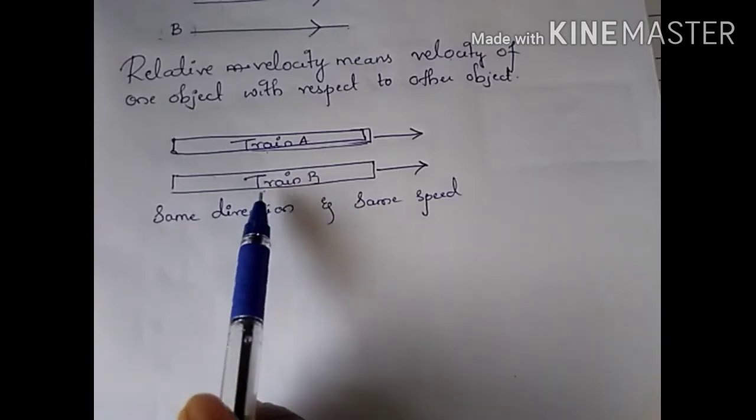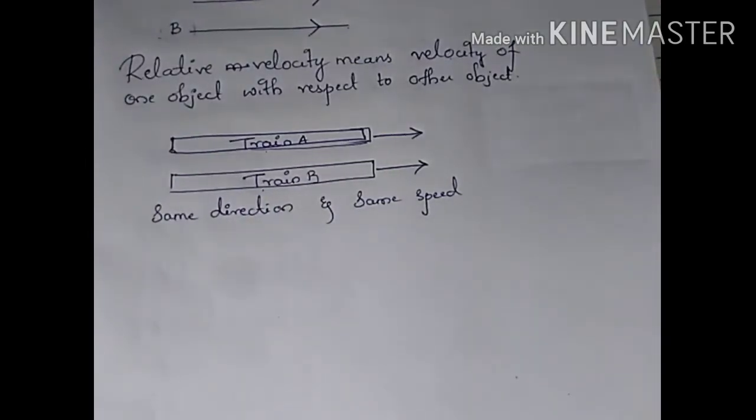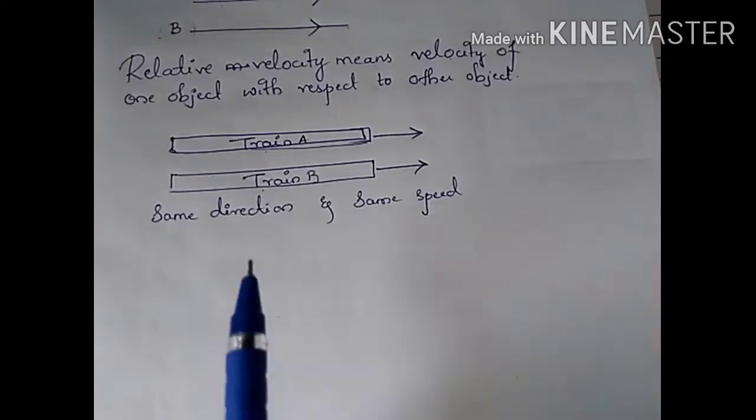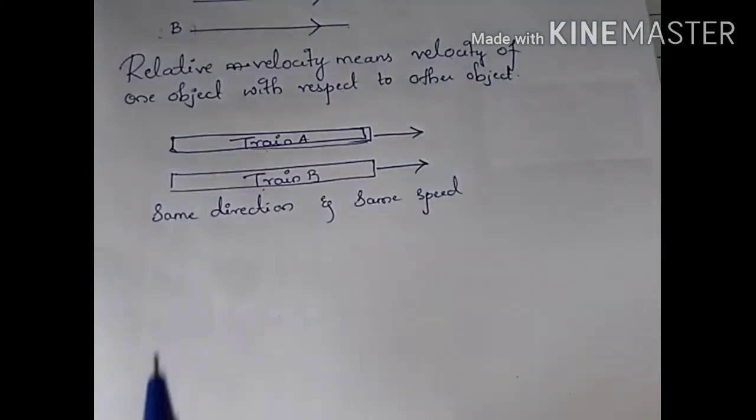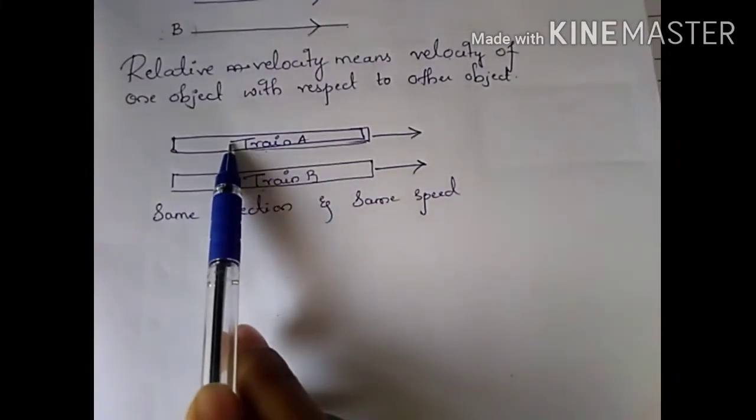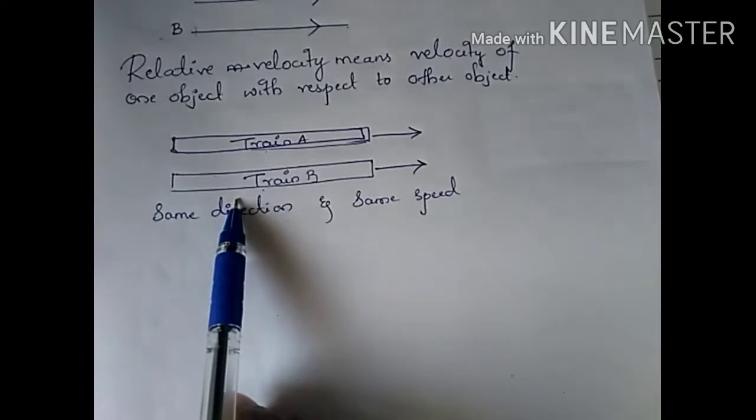This train is at rest. But when you see both these trains with respect to ground, then you can clearly say these two trains are moving. But for an observer in train A, this train appears as if it is not moving.